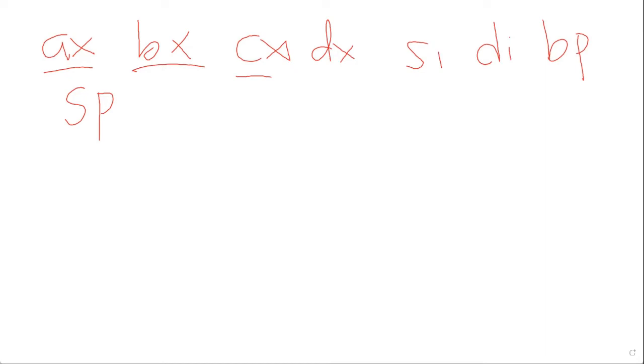The next one is the DX. The DX register also is a data register. So AX, BX, CX, DX. Now, what it does is that it has two special purposes. It holds the overflow from certain arithmetic operations.